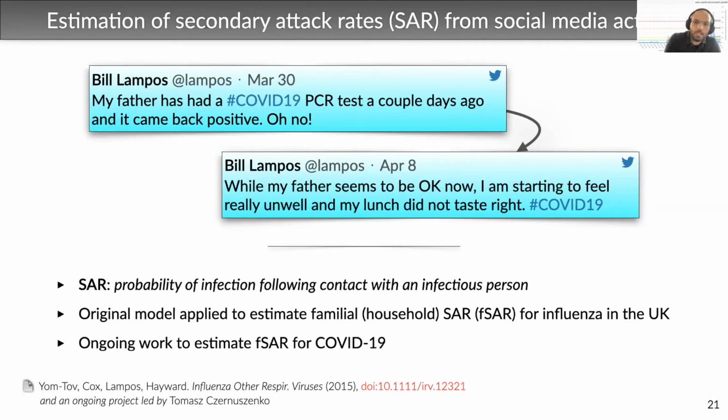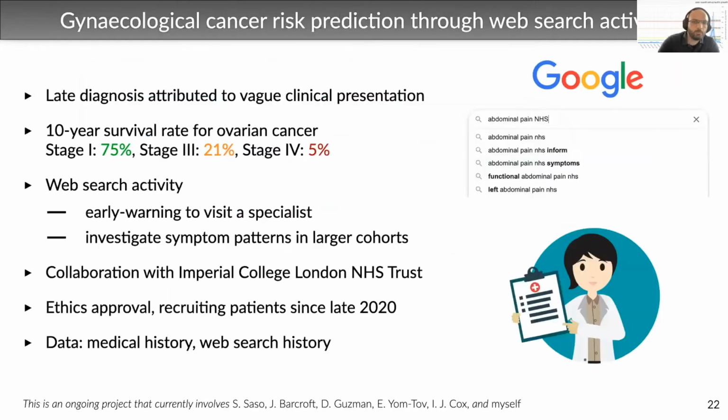For example, a user can write that they got the flu, and after a few days write that a household member of theirs got the flu as well. We have now repurposed this work, attempting to estimate the secondary attack rate for COVID-19 variants and improve various modeling aspects as we go in this process. This is an ongoing project led by Thomas Chernuzenko, who is a PhD student in our group.